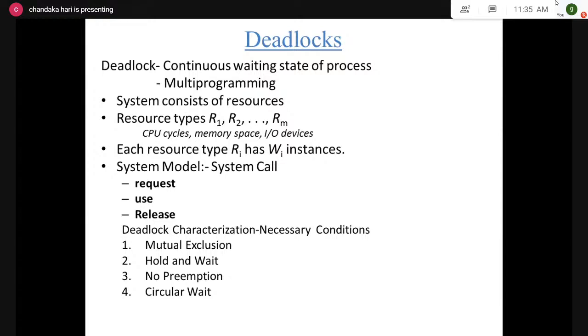That is the beauty of this. The necessary conditions mean that in order to enter into deadlock, any one of the conditions is sufficient. After entering into the deadlock, if you observe it, all 4 conditions simultaneously hold.